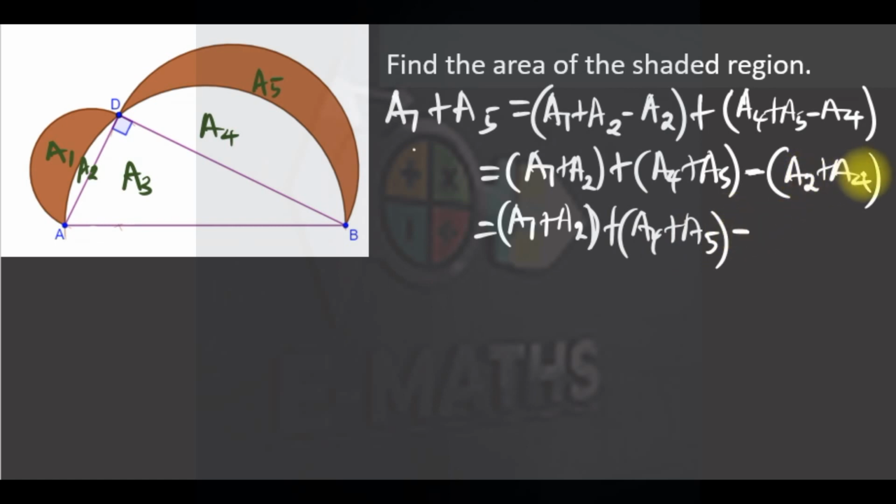But if you look at A2 plus A4, it is the same as the area of this semicircle minus A3. Do you get? A2 plus A4, the sum of this area, is the same as subtracting the area of this triangle from the area of the semicircle.